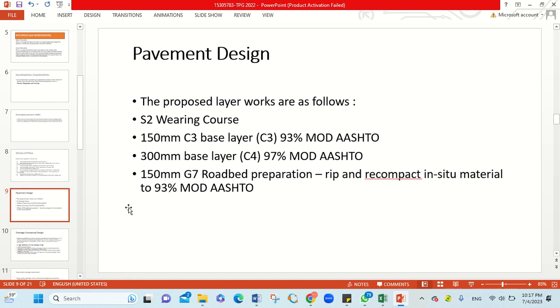And lastly, 150 millimeters of G7, which is to be ripped and recompacted to 93% Mod.